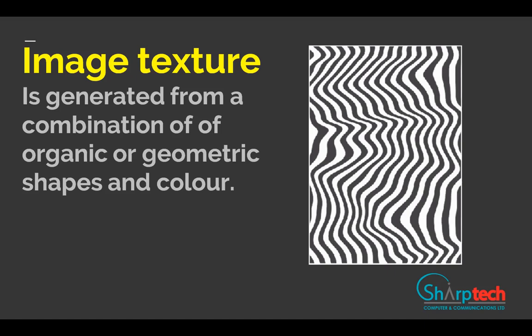Most of the time when we are designing work for Sharptech, we play around those colors. Most of the time I prefer purple to be the background. Then for the text I play around with red and the dark sky blue.